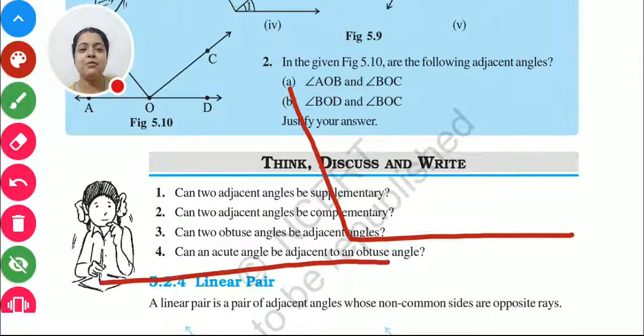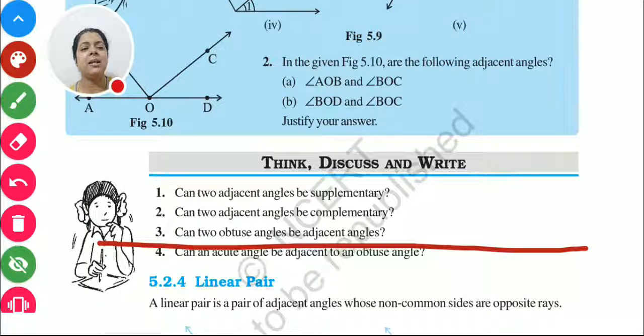You are not able to form it. So two adjacent obtuse angles cannot be formed, because whenever we talk about the angle, the total sum is supposed to be 180 only. But if two angles are already obtuse, meaning more than 90, the sum will be more than 180. Two angles, each more than 90 degrees, always total more than 180 degrees. So it can never be formed.